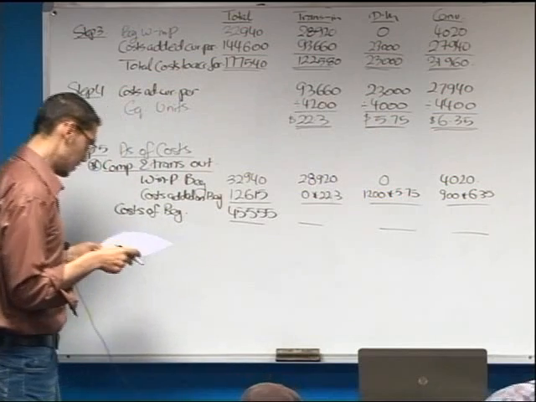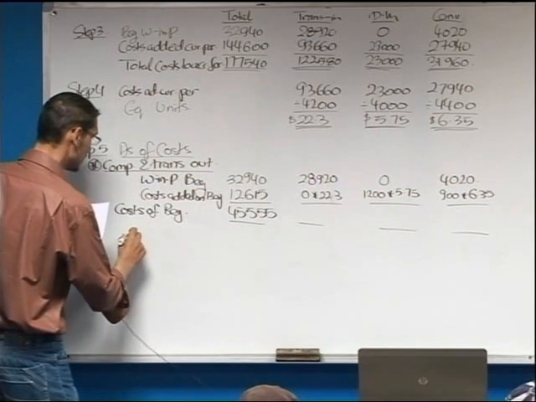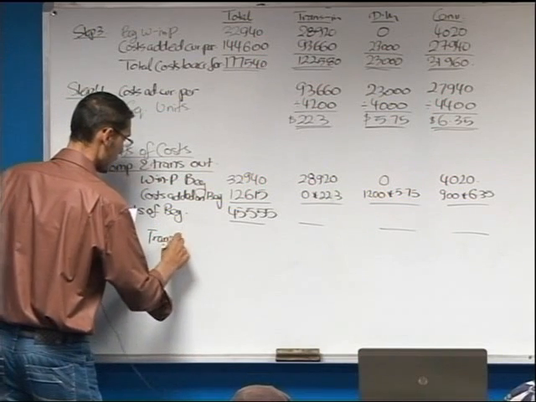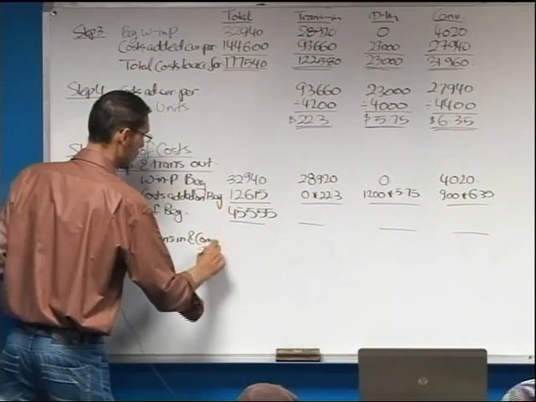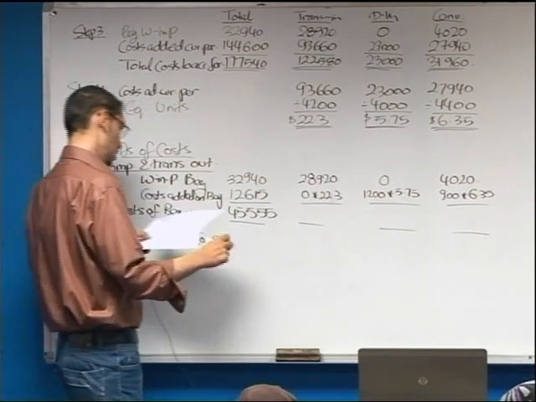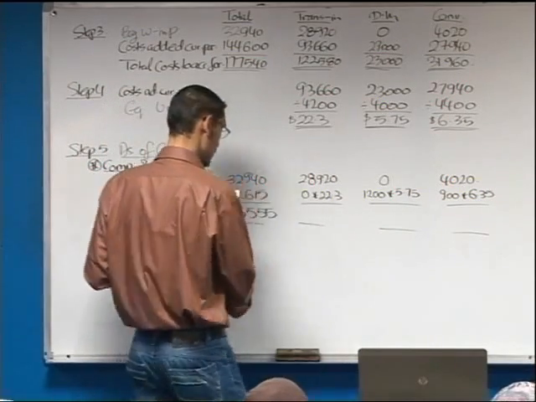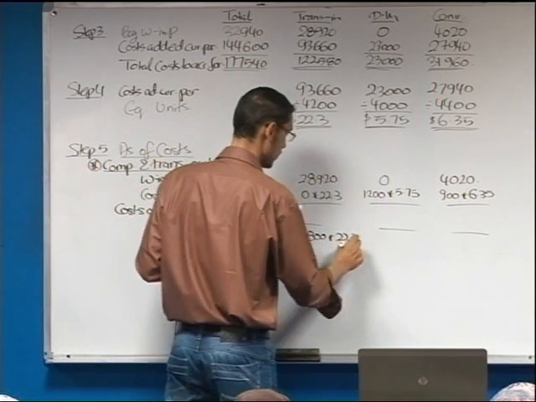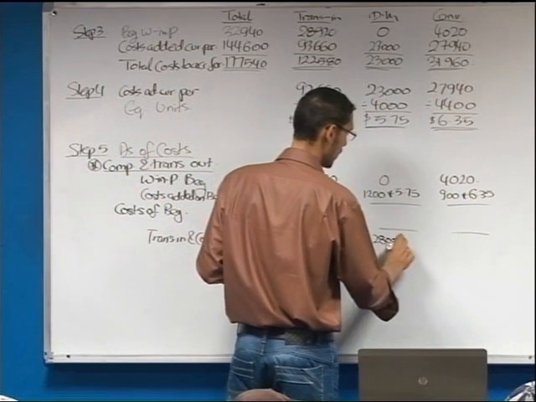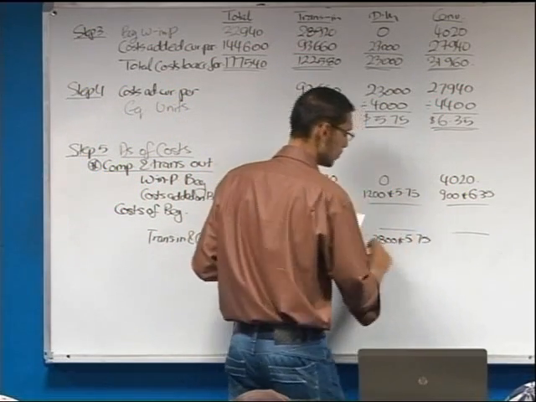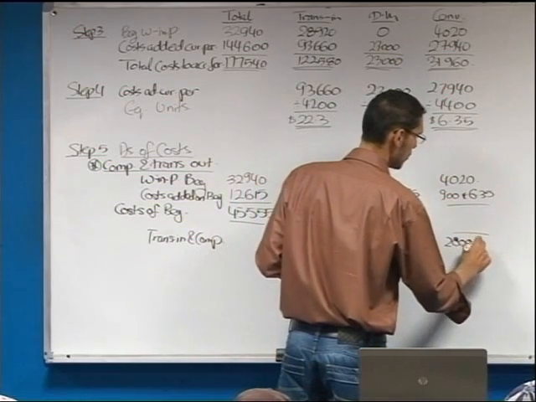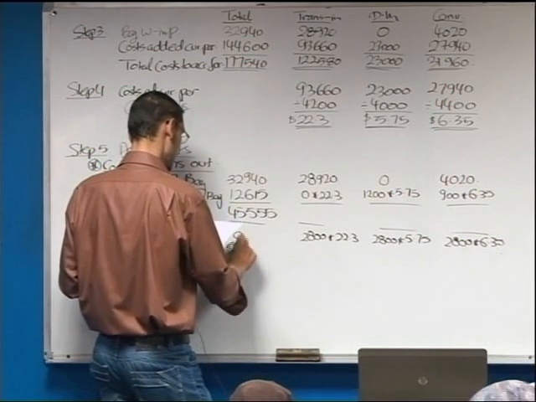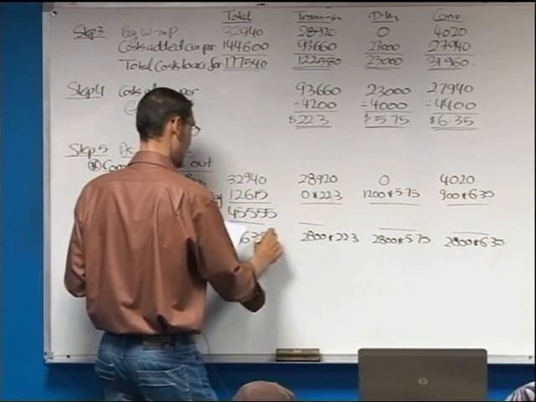The second would be the started and completed, or the transferred in and completed. We have calculated the equivalent units as 2,800 for all the categories, and we are going to multiply the 2,800 by the cost per equivalent units, which would equal 96,320.